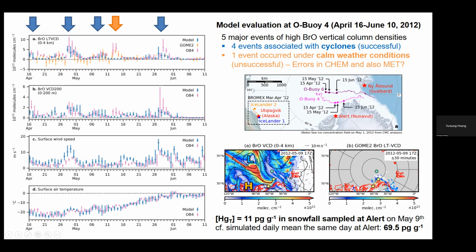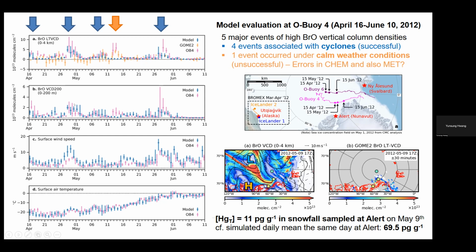And what I'm showing here is the results from mid-April to mid-June, when the buoy encountered basically the 5 major events of enhanced BrO column densities, which are shown in pink. And the BrO was retrieved for 2 types of quantities: the column density below 4 kilometers and below 200 meters.